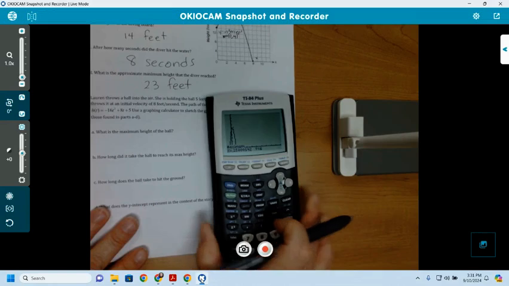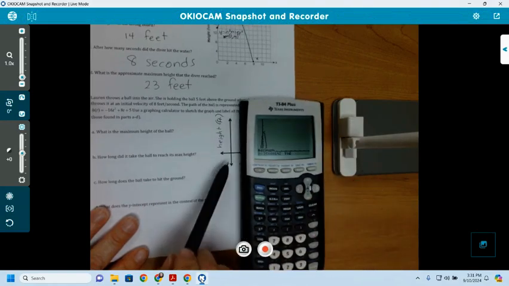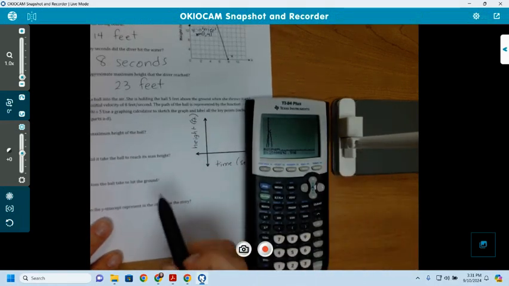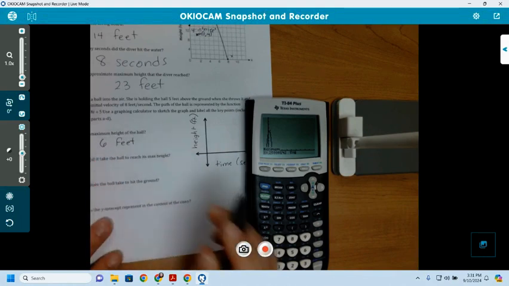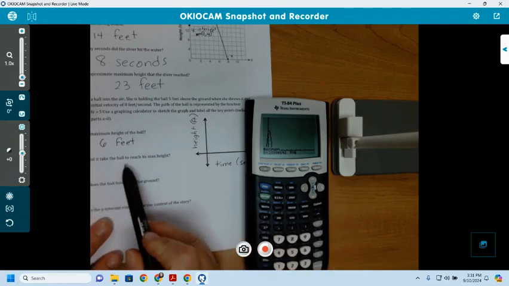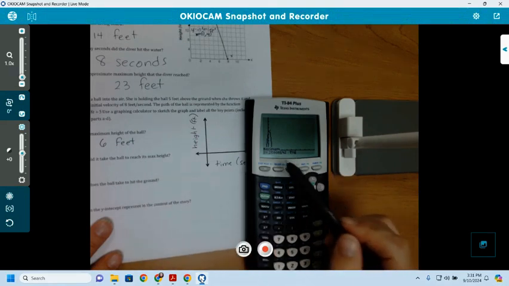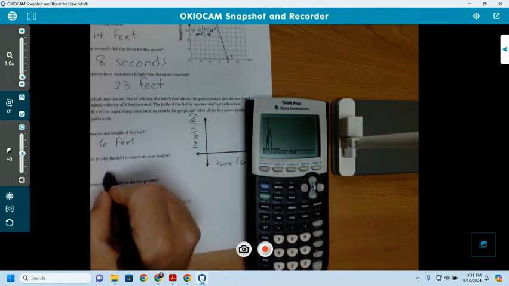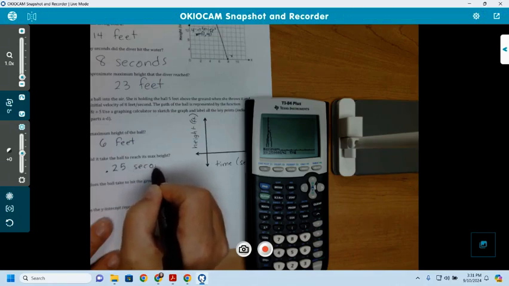So this calculator is telling us that the maximum height of the ball, which is represented by the y value, is 6 feet. How long did it take the ball to reach its max height? That would be the x value, which is 0.25 seconds.